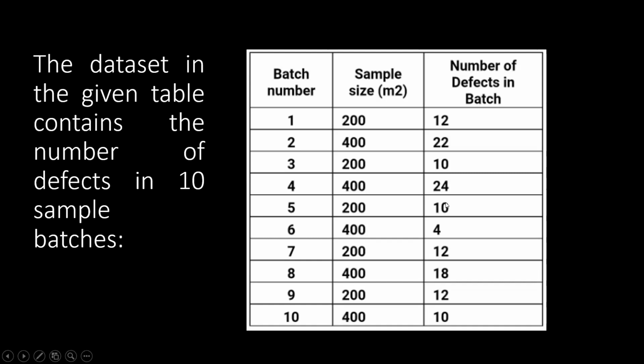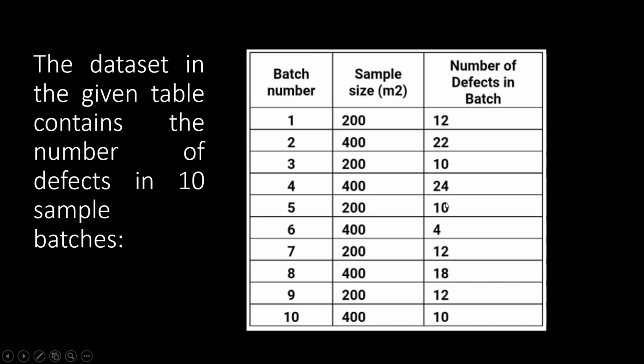For each of these data sets, I will calculate defective pieces per 100. For the first one, 12 out of 200 is like 6 per 100, isn't it? Then for the second one, it is 5.5 per 100, right? Then 5, then 6, then 5, then 1.